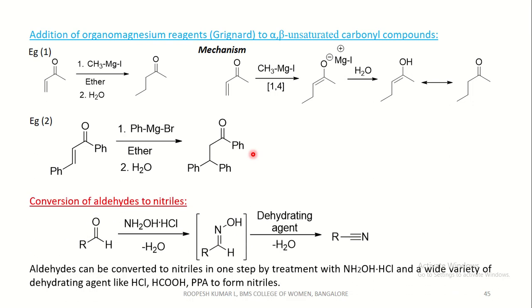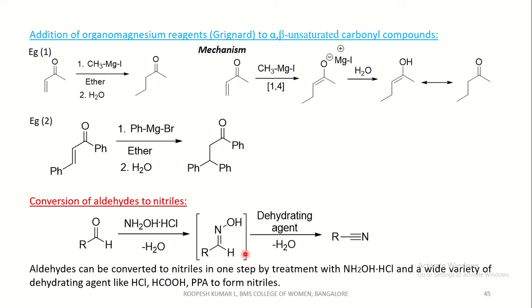Conversion of aldehydes to nitriles, which is also called a functional group transformation or interconversion. That is, an aldehyde is converted to a nitrile. Here the aldehyde reacts with hydroxylamine hydrochloride to form the corresponding oxime.